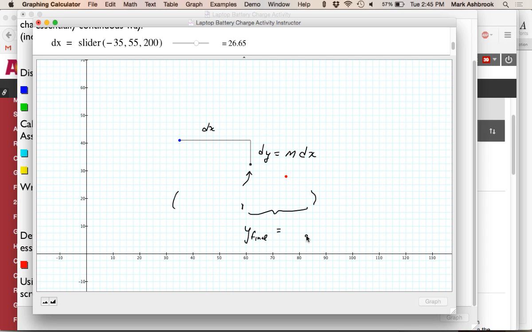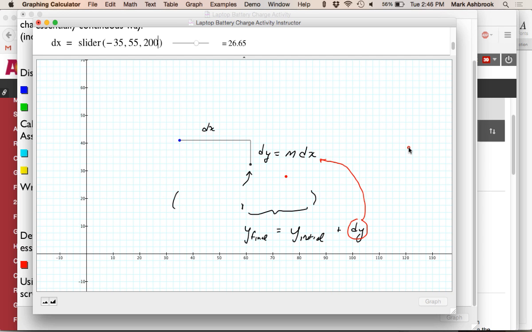Initial y plus... and what's the change in y? And that right there is our m dx, right? So the y-coordinate, you can think of it as the final value of y, would be the initial value of y plus the change in y, which we calculate by m dx.